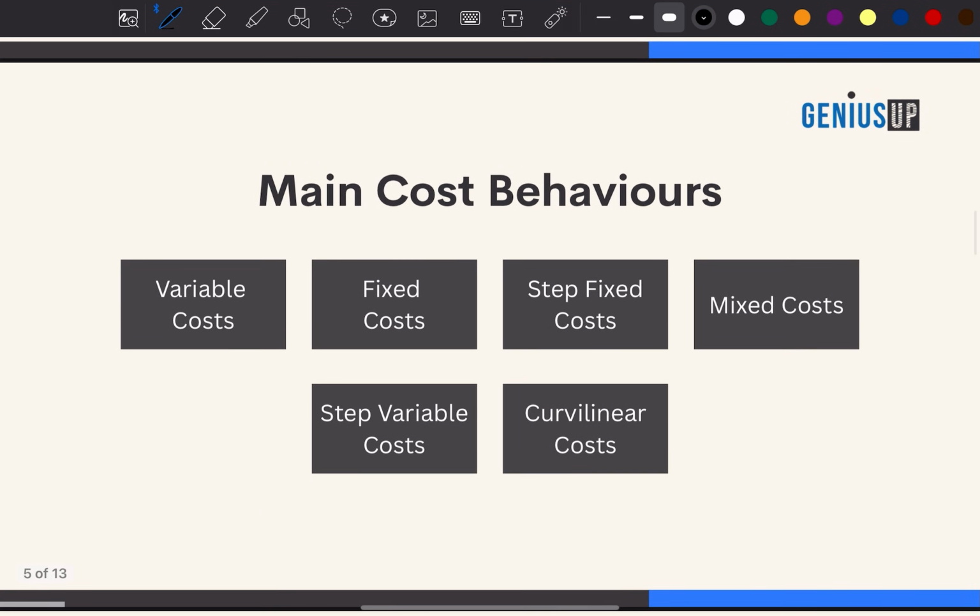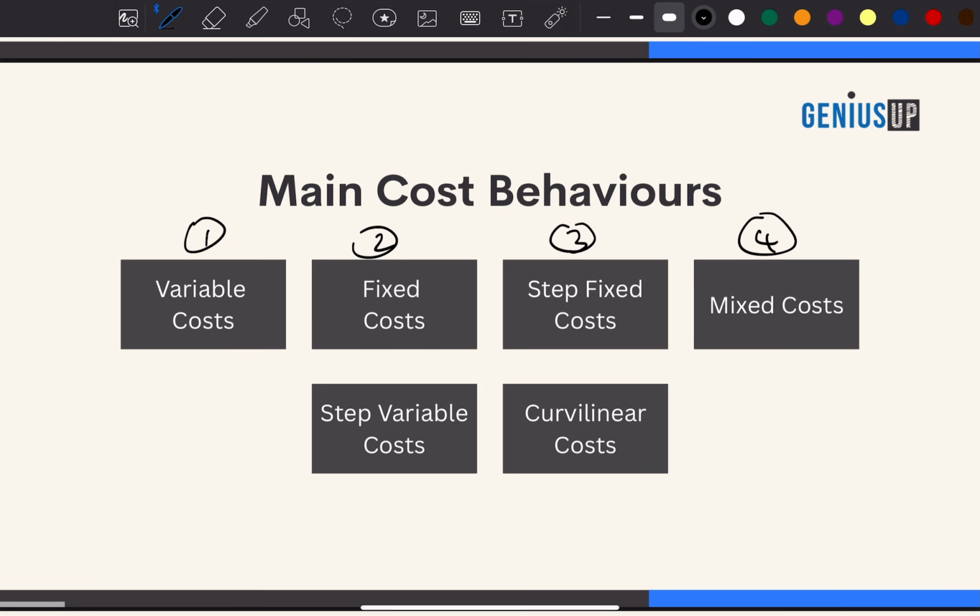So there are 6 main cost behaviors. However, the first 4 are the most important that you must know for management accounting at the university level. If you really understand the first 4, you will never go wrong.